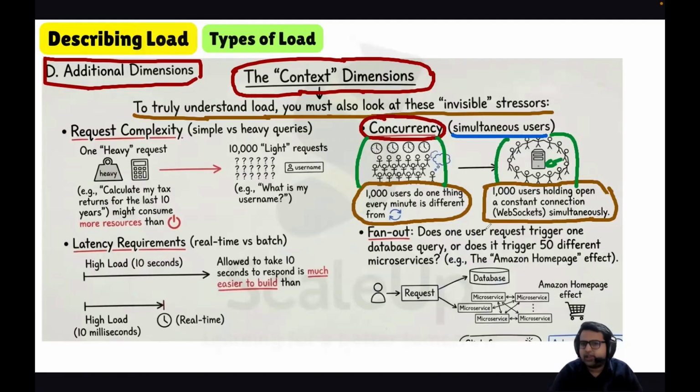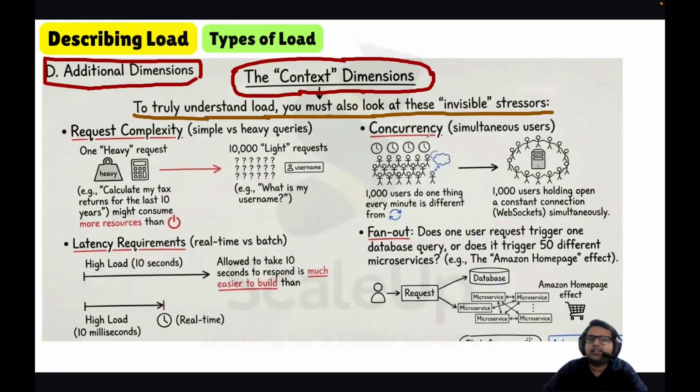These are different, and hence concurrency plays a very important role, because handling these two scenarios is totally different. In concurrency we can specify precisely whether the users will be doing different tasks or are trying to access the same resource.